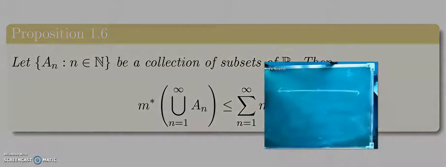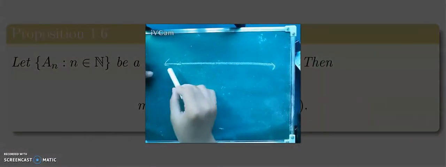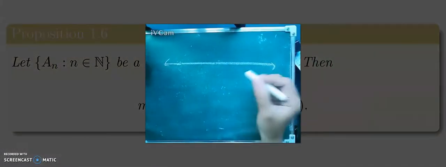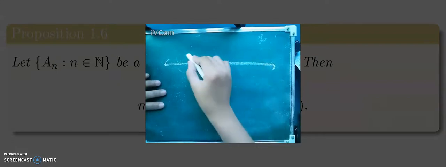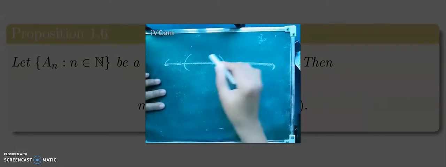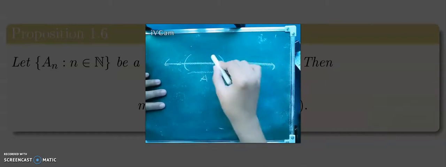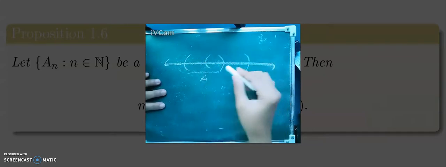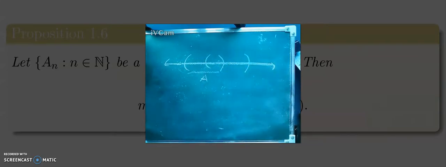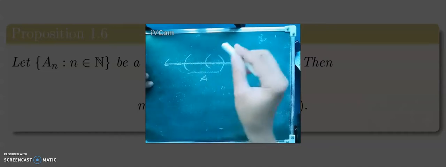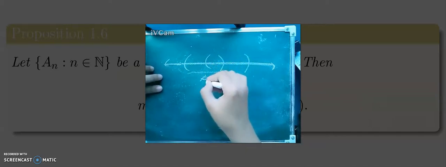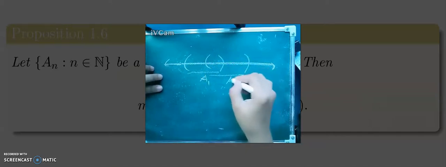Okay, let us try to consider this as our illustration. Say, for example, we have A sub 1, and consider 2 sets only. Say this set is A sub 1, and it is an overlapping set. Because in our assumption, it is not stated whether the sets are disjoint or not. So any set could be overlapping or non-overlapping. So we have here A sub 1, and then say this is our A sub 2.